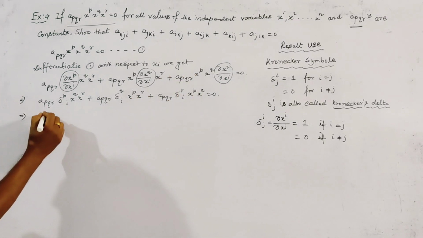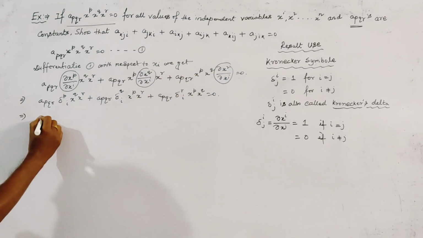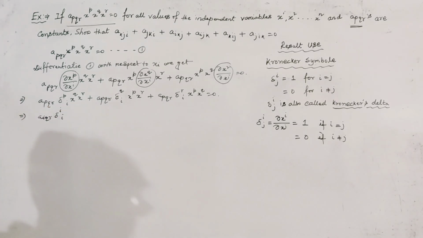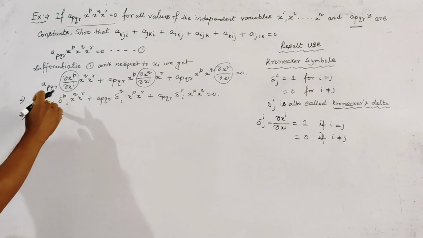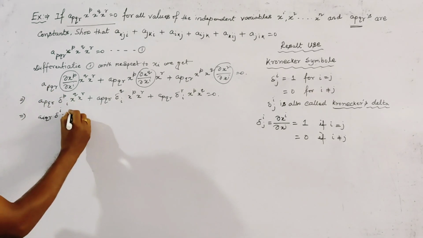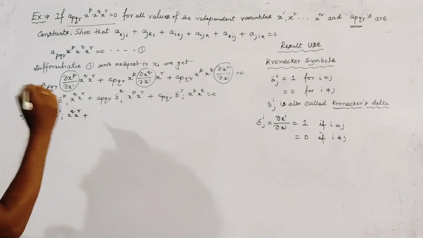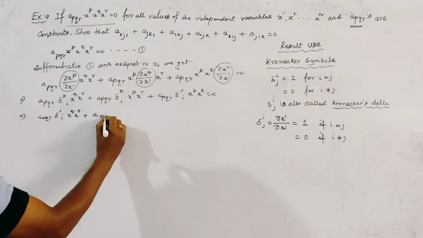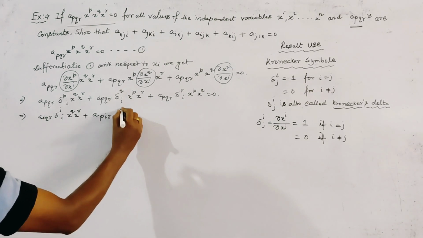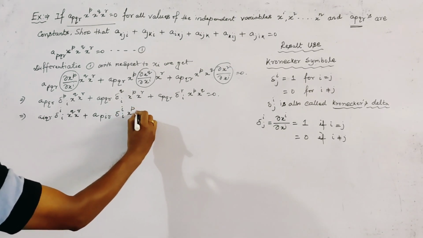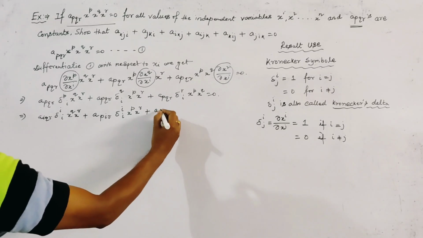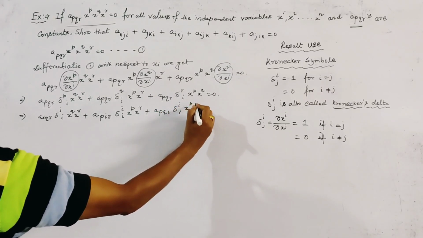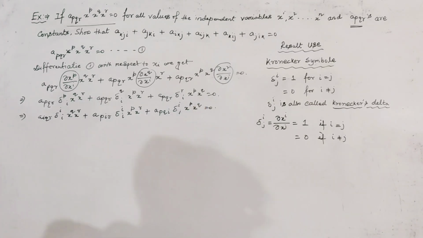The result is a^{IQR} delta_ii xq xr, plus a^{PIR} delta_ii xp xr, plus a^{PQI} delta_ii xp xq, equal to 0.